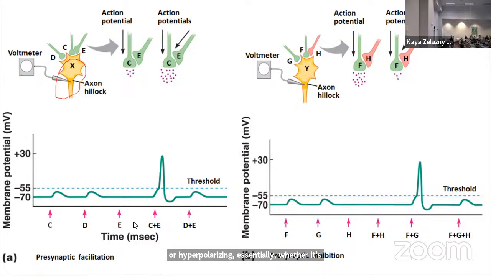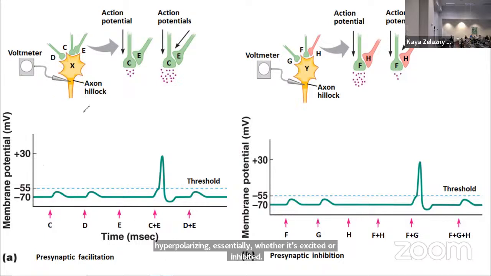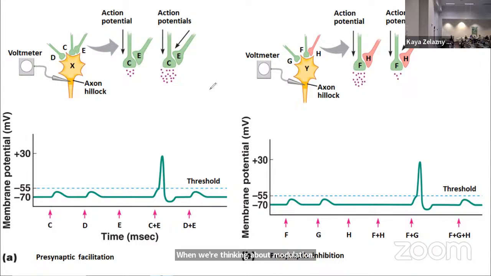When we're thinking about modulation, we're not focusing on that postsynaptic cell. We're focusing on the amount of neurotransmitter released by the presynaptic cell, right? So we're on the opposite side of this equation. I'm just pointing that out because in the future, our neurotransmitters would be excitatory or they could be inhibitory in their effect on that postsynaptic cell.